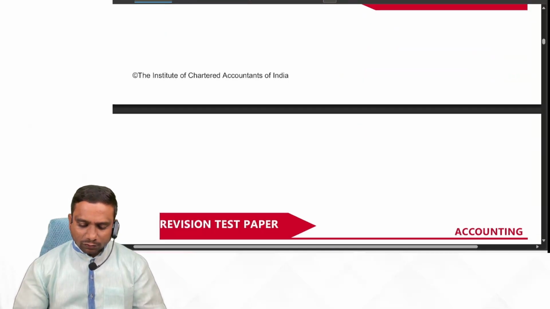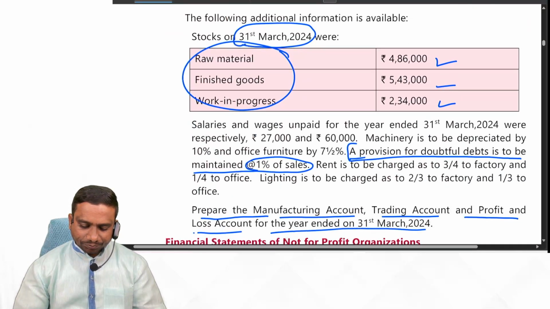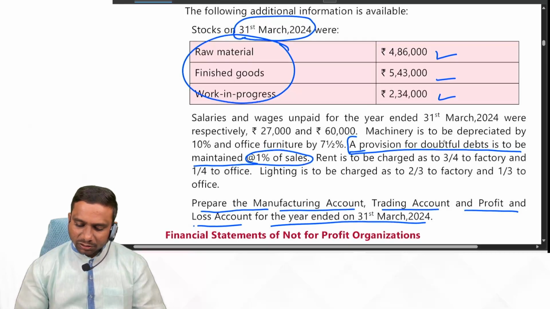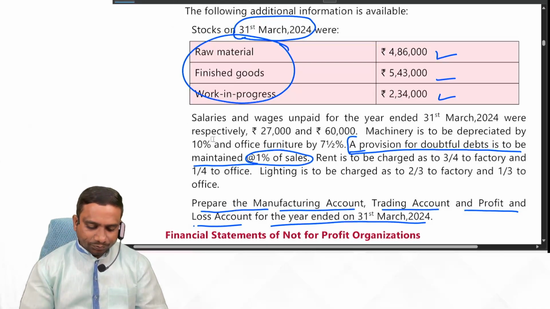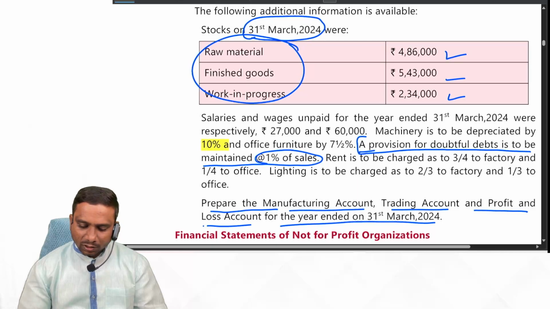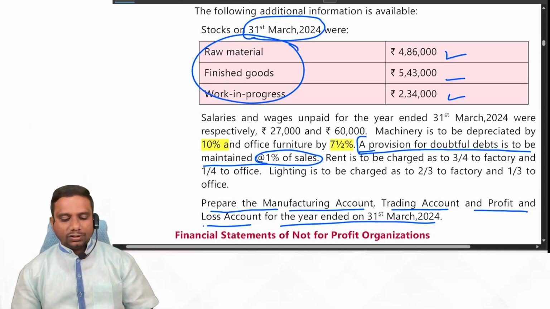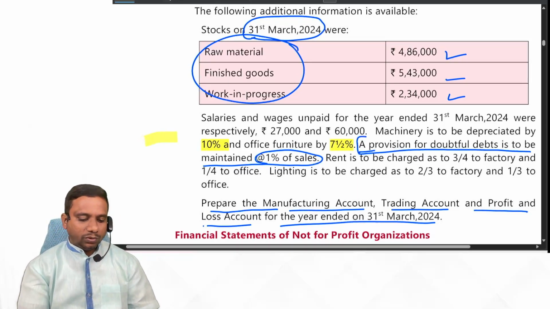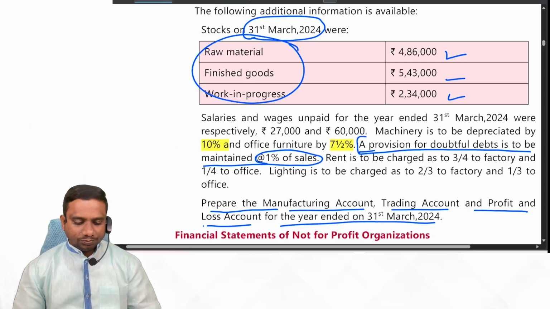What is the percentage of depreciation? Identify, student. Machinery is to be depreciated by 10% and office furniture by 7.5%. We have to calculate depreciation at 7.5%.